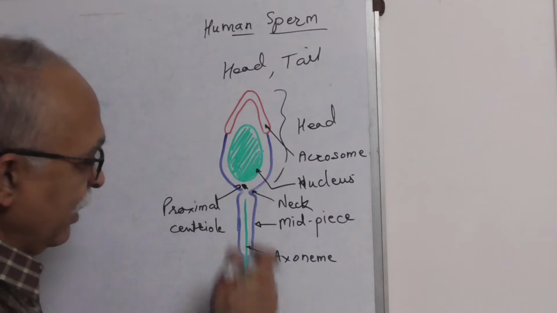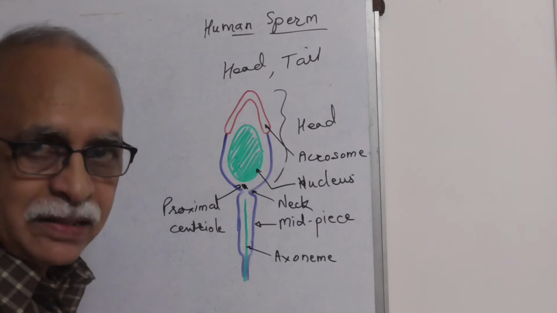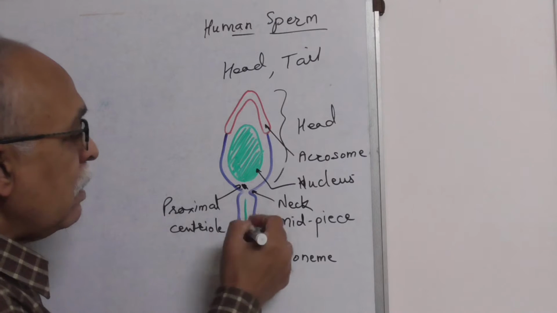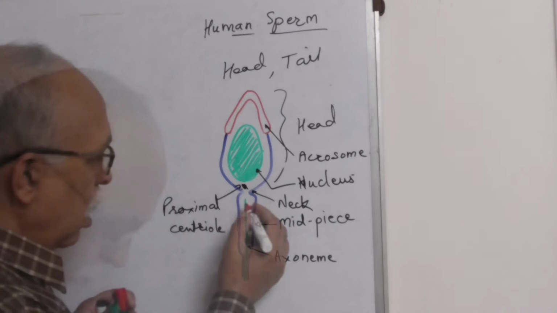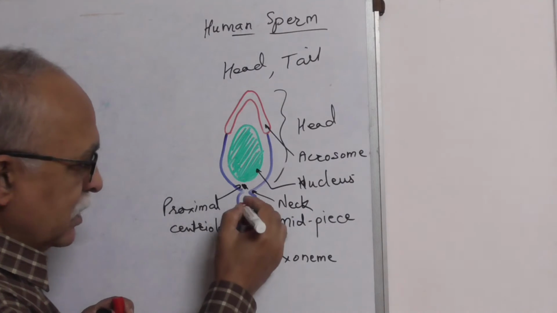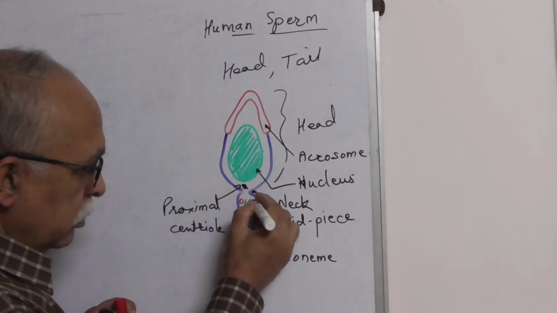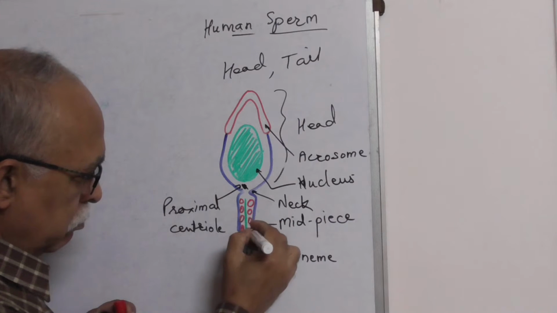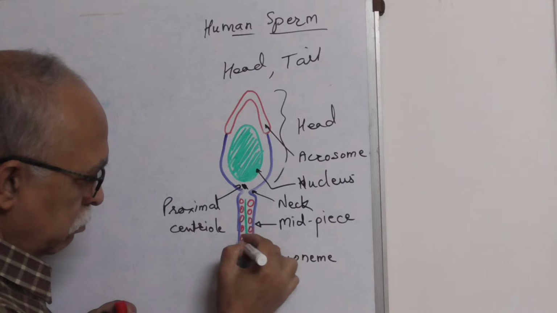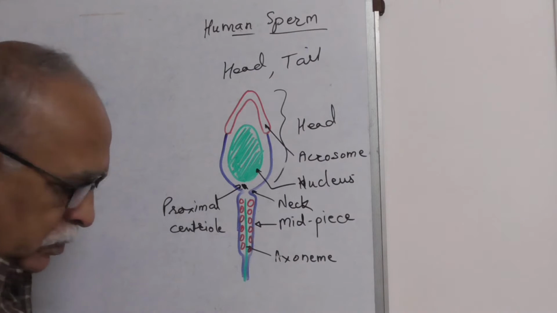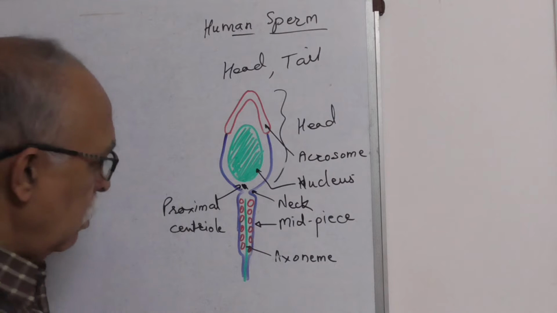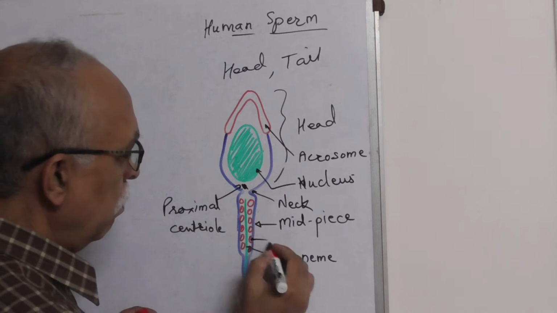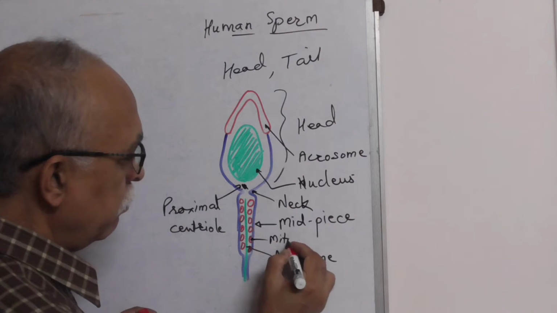So a fiber-like thing that is passing right through the central axis. In the mid-piece, all around this axoneme are these mitochondria.